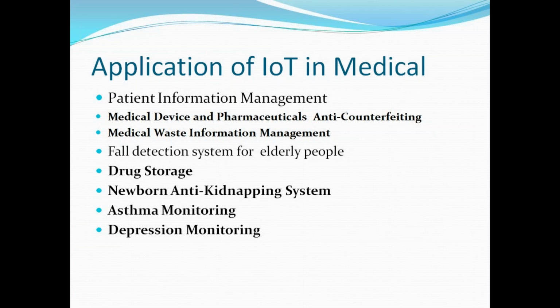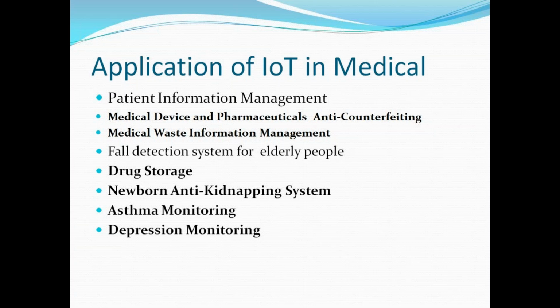If a person falls down, that information will immediately be transferred to the central server. Then artificial intelligence or any kind of processing system can be used to check whether the information being transmitted is correct or not, because when you talk about fall detection, the position may be different.